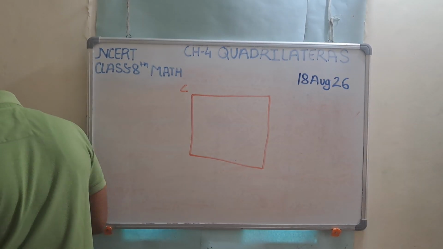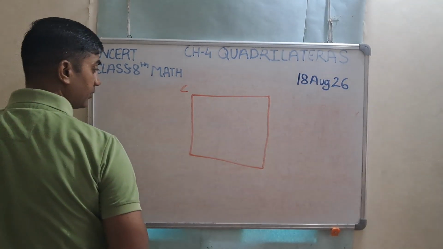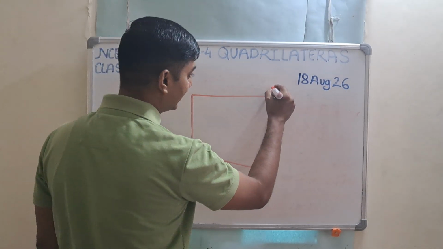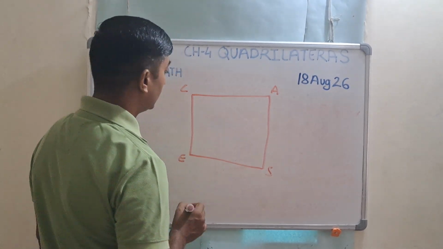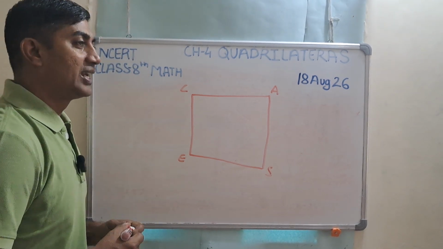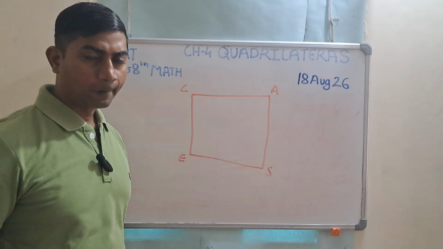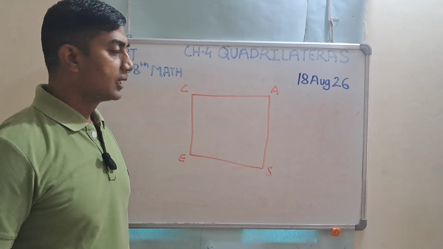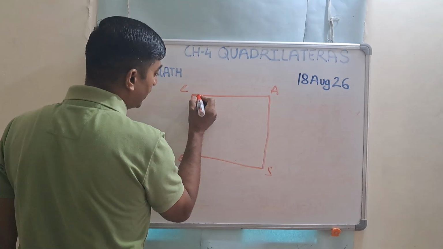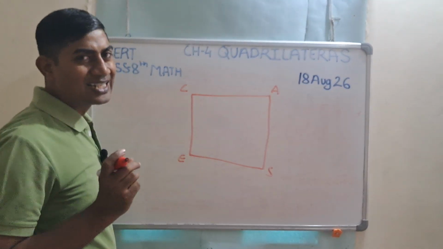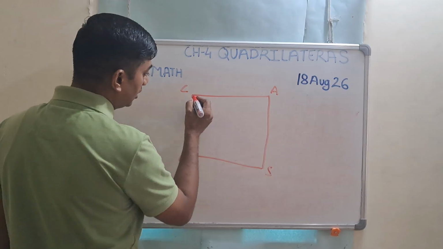If they have given another name, let's see. No, they have not given any name, so we'll take the same name, CASE. Understood? Now see, we can draw any number of squares. The thing is that from each point you have to take an equal distance every time on every side.